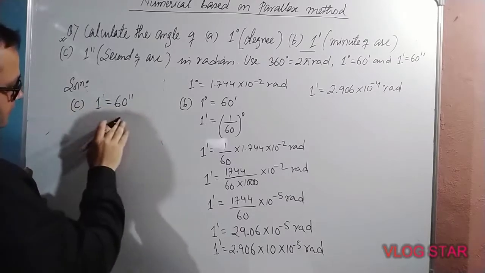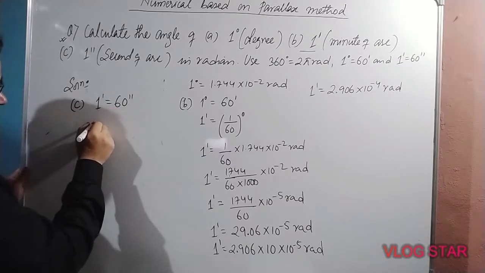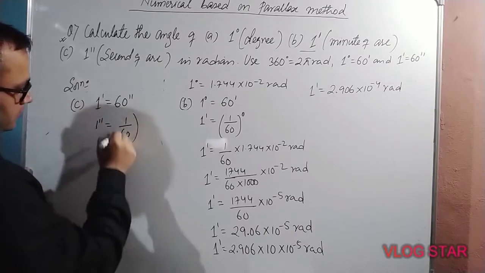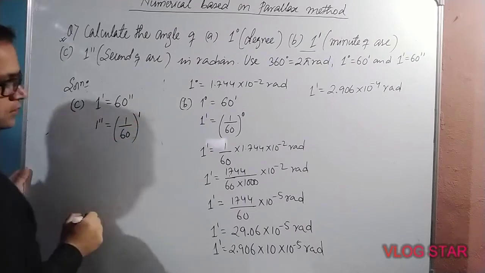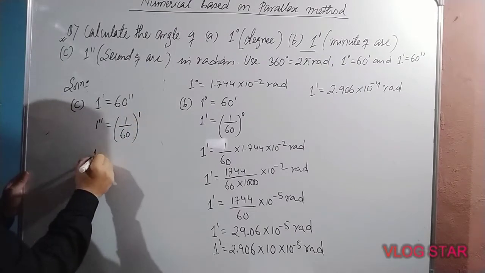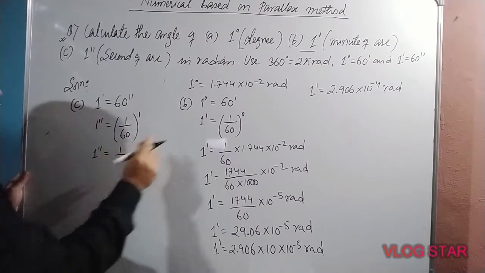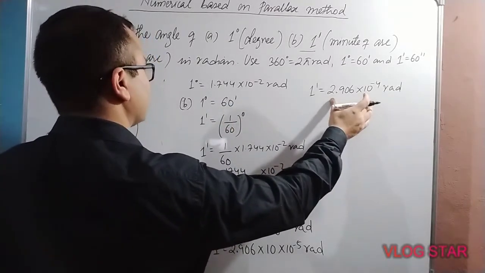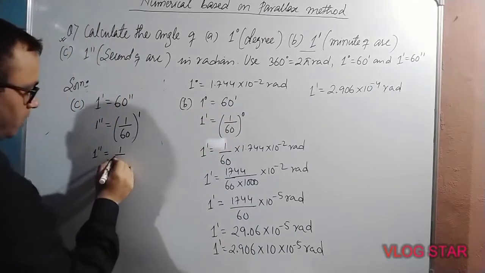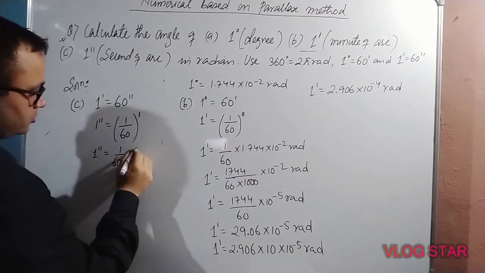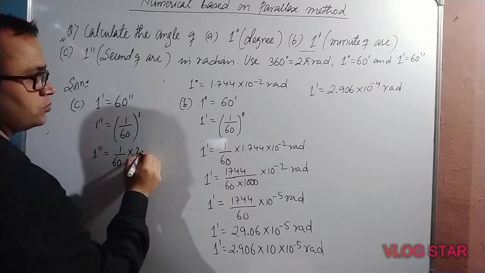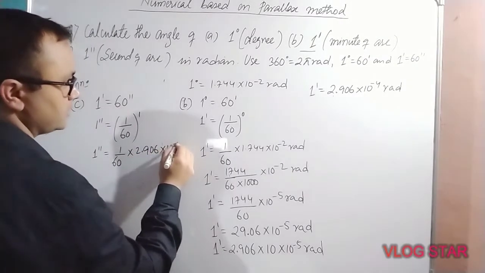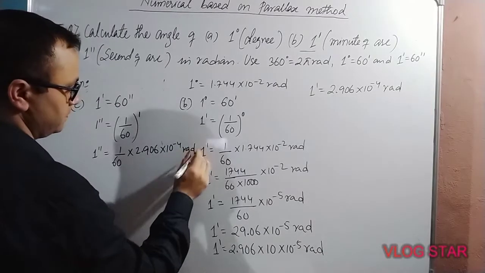If you divide this equation by 60, you will get 1 second equals 1 by 60 minute. So 1 second equals 1 by 60 into 1 minute, which is 2.906 into 10 to the power minus 4 radian.